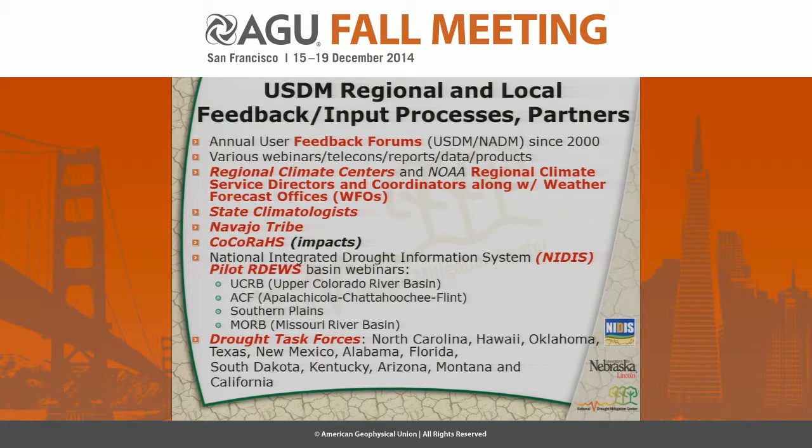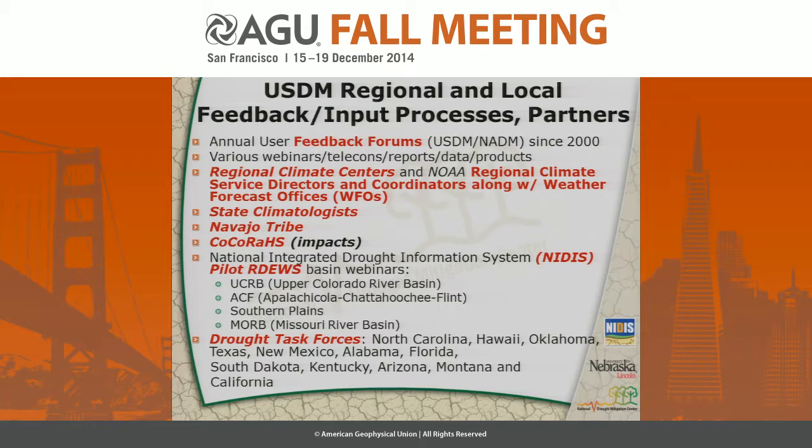The very first thing we started back in 2000, I helped organize the first annual U.S. Drought Monitor Forum in Lincoln, where we brought in folks like ConAgra, commodity brokers, producers, the media, and other stakeholders to ask them what they think about this product and what's the strength of it, what's the weakness of it. And so we've held those ever since, and I'll show you a list of that here in a little bit as well.